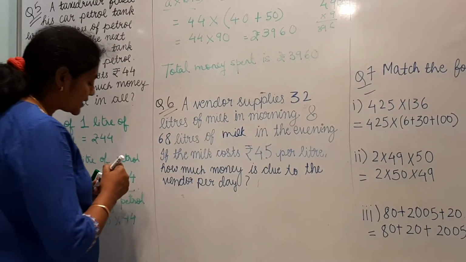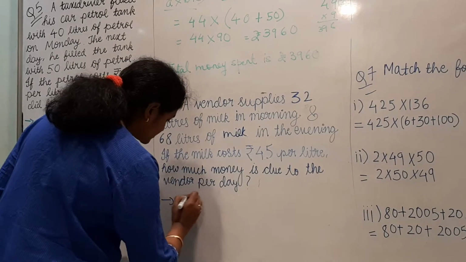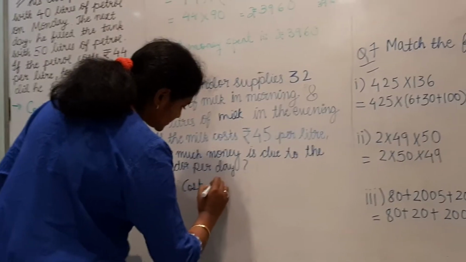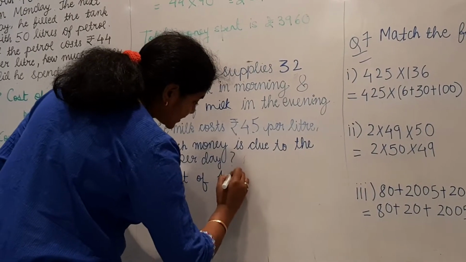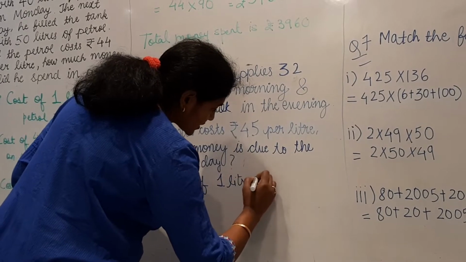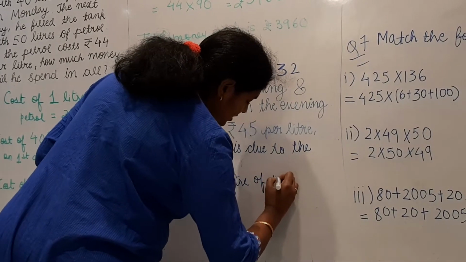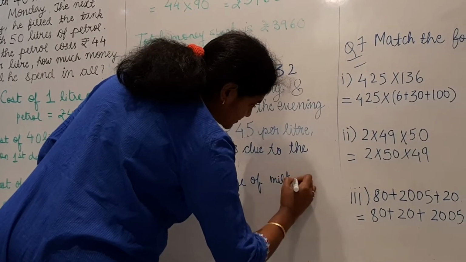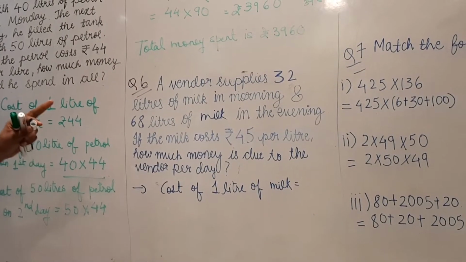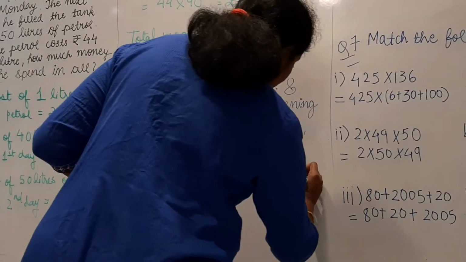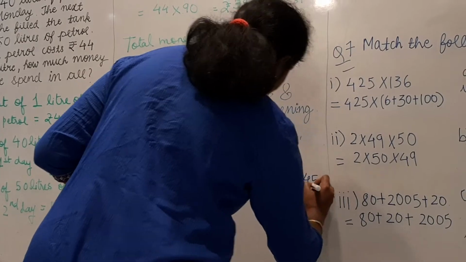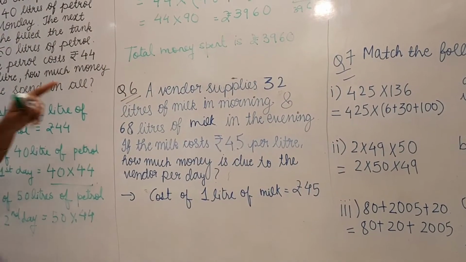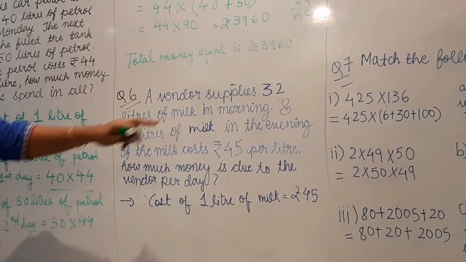So you will write cost of 1 liter of milk is equal to rupees 45. Now in the morning how much is it supplying? 32.